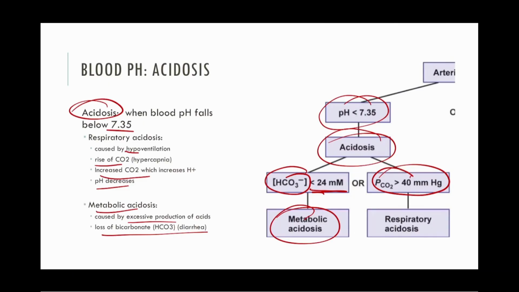Yes, they're going to be dehydrated, but you've got to worry about metabolic acidosis as well, because in all the diarrhea, you're losing your bicarb as well. So that's how you get the acidosis sign. If the CO2 is out of whack, how is it? Is it too high? That's acidosis. Is the bicarb low? Acidosis as well.